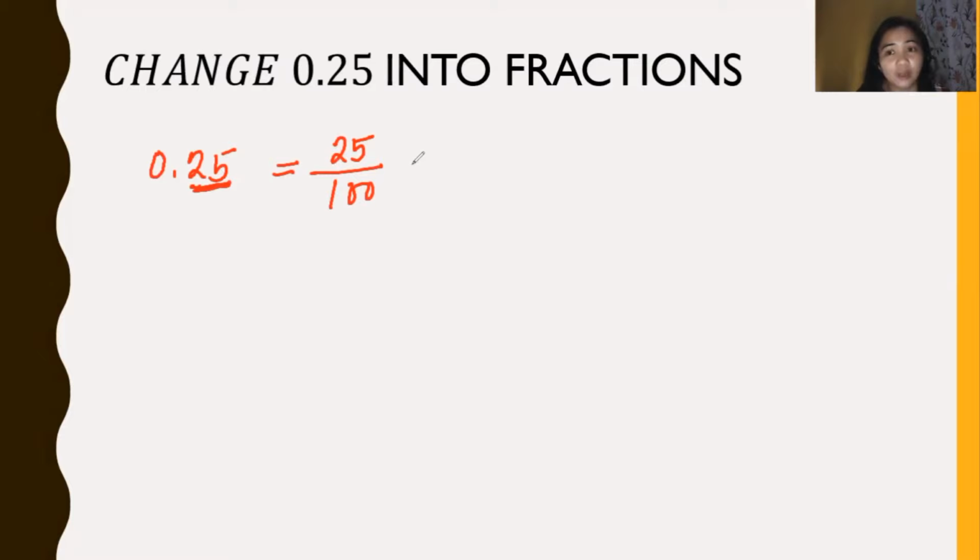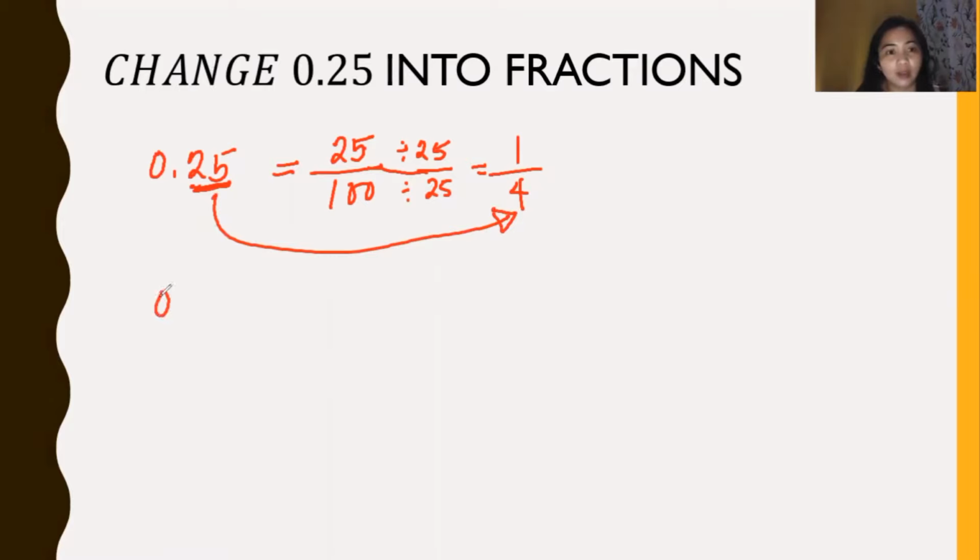And then we simplify it. We get the lowest term by dividing both by 25. 25 divided by 25 is 1, and 100 divided by 25 is 4. Therefore, 25 hundredths is equal to 1/4.